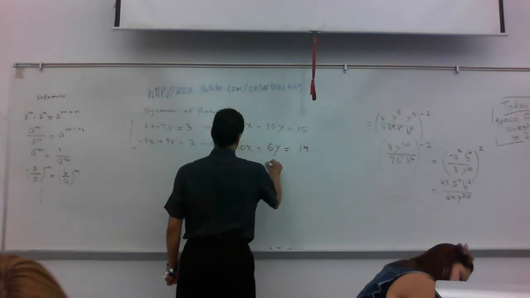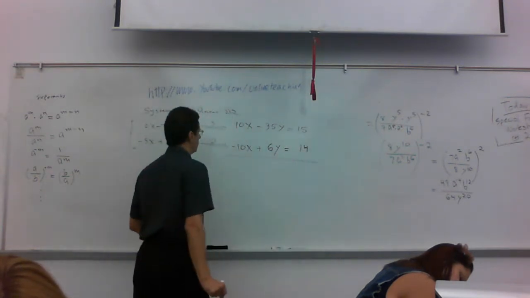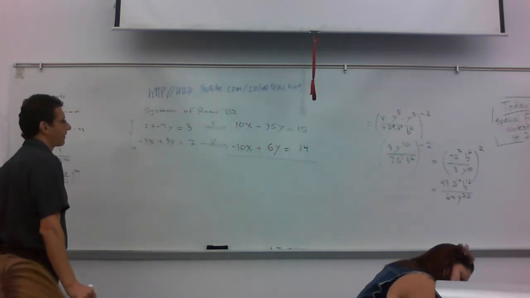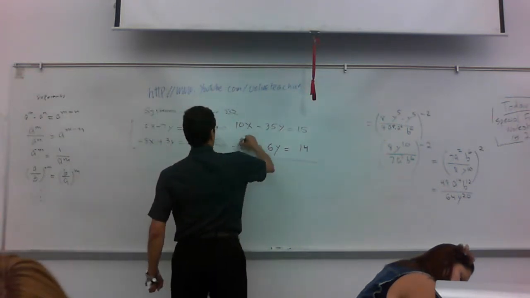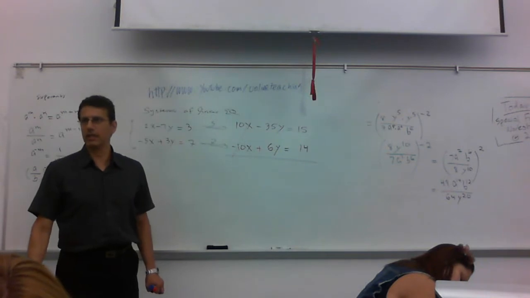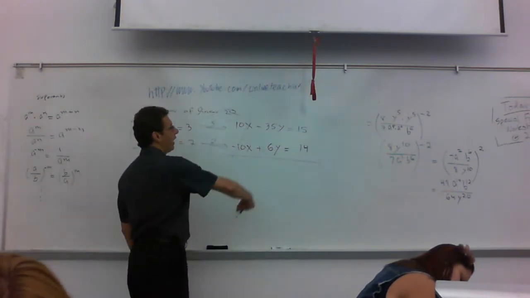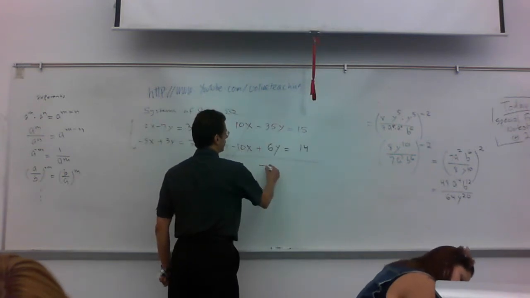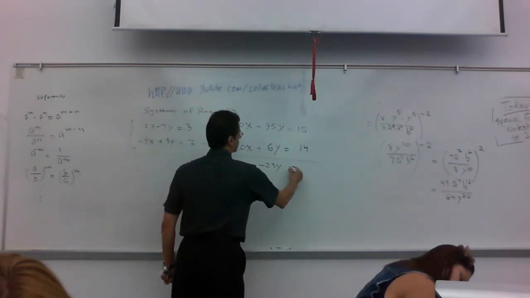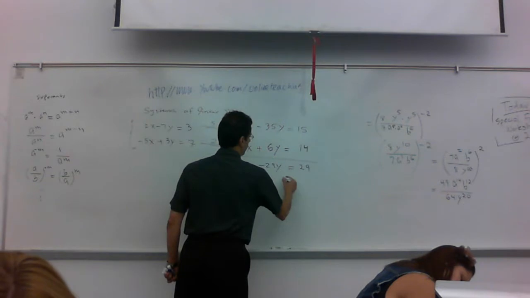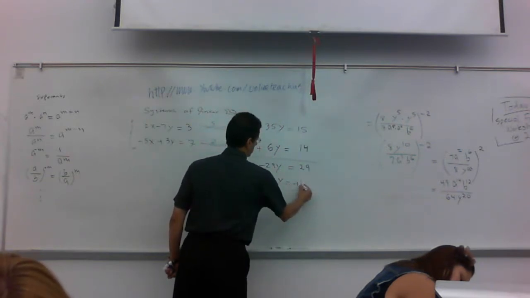Is that right? Oh, I'm sorry. I was looking at the 5. So they are opposites and they cancel each other, right? Like terms, 10x and minus 10x. And what do we have here? Negative 21y equals 29, and y becomes? Negative 1.